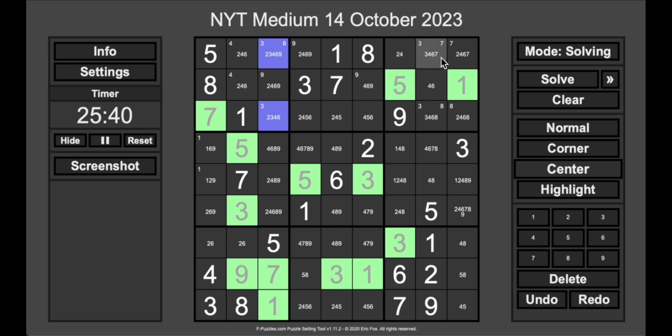Let's see, if this is 3 or 7 and not 4 or 6, and this is 3 or 8 and not 4 or 6. So unfortunately, I've still got 4 and 6 and 2 of these 3 cells. No, that's not going to help me much. But these 2 cells being 9 mean none of these can be a 9.